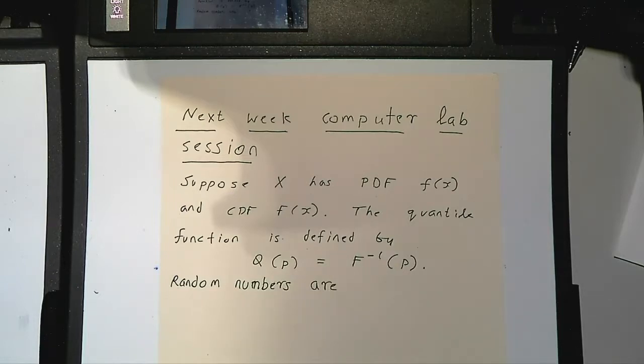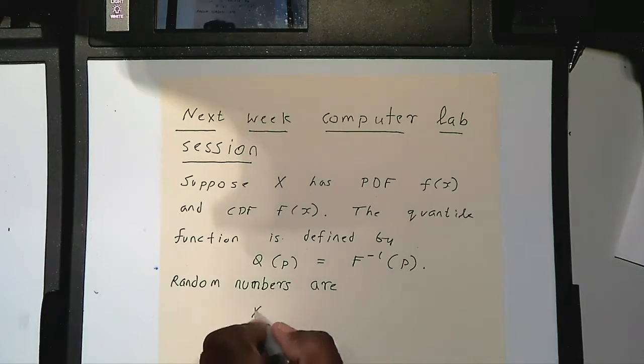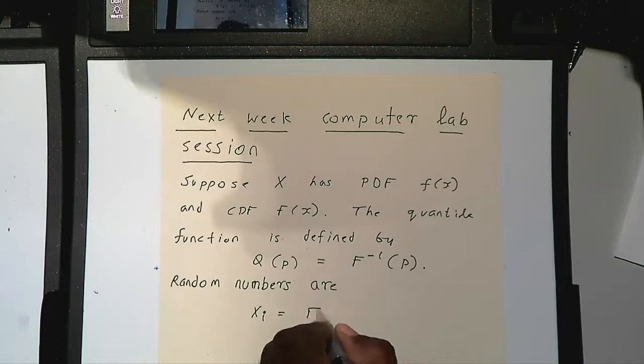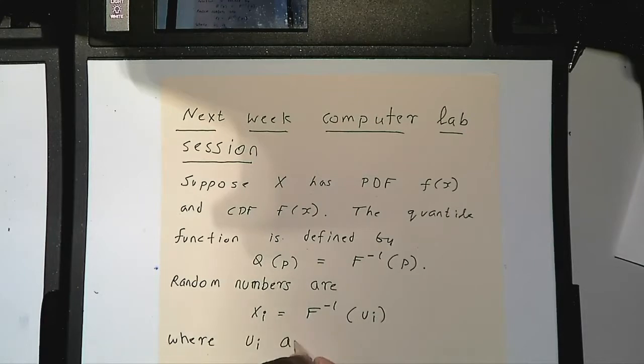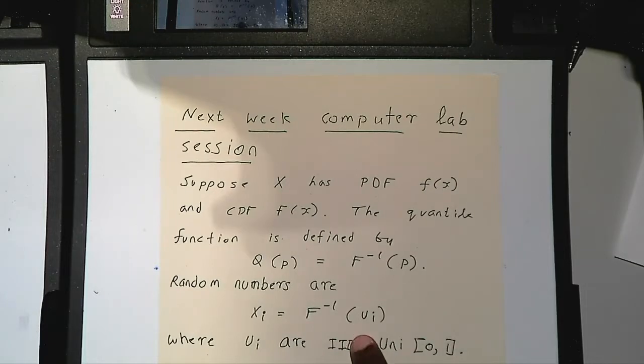The random numbers from a specific distribution are generated like this. Random numbers are generated from a specific distribution through this relationship here.